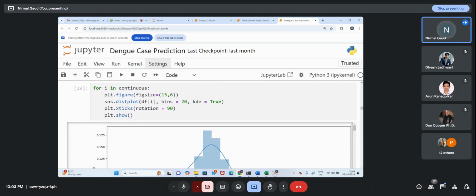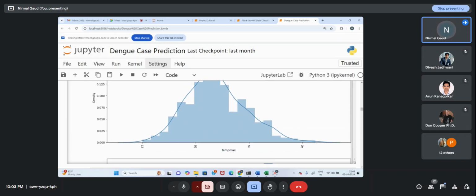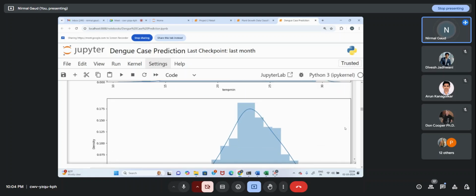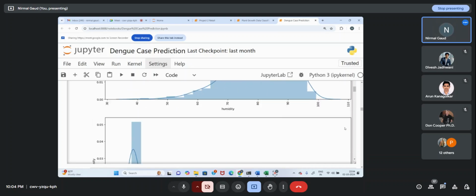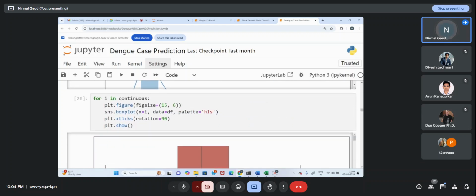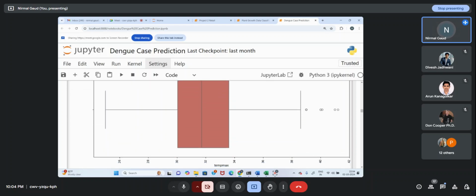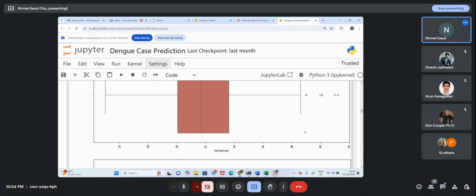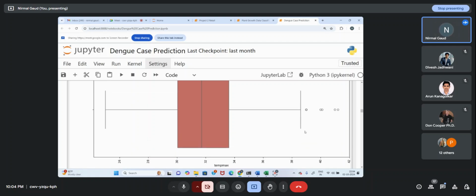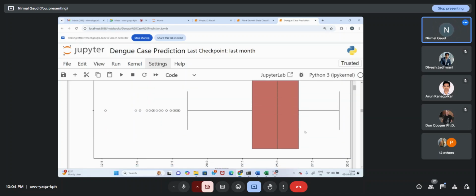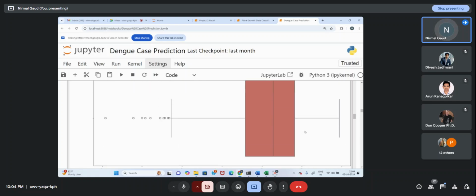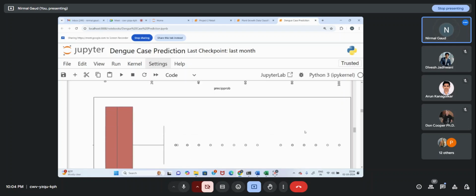Similarly, I will make distribution plots for every feature to check the distribution. Then I made a box plot to check the outliers. Because my data is not that large, I am definitely not going to drop any outliers from my data. Let me keep the outliers present in the data. There are some outliers, but let it be.